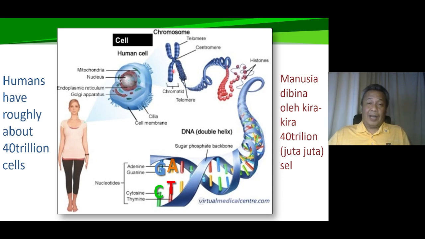If you unwind that, you get the double-stranded DNA, which is a double-stranded helix. This is a very popular picture or diagram that depicts your inheritance. And this double-stranded DNA is like a zipper.